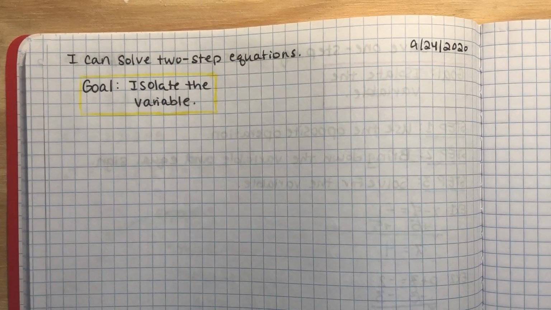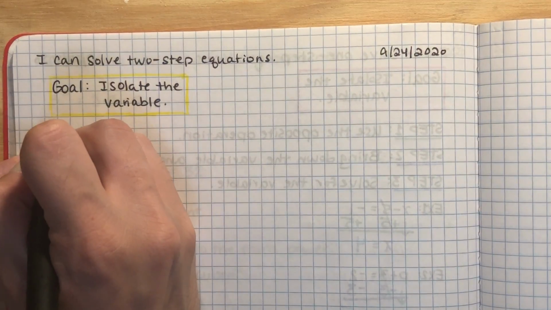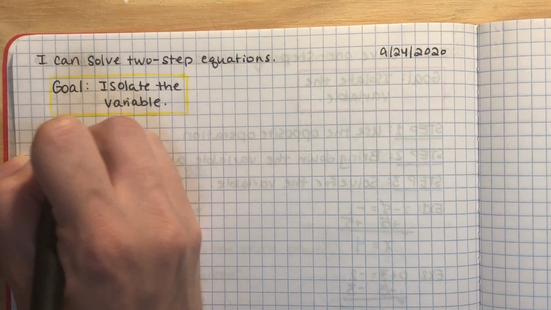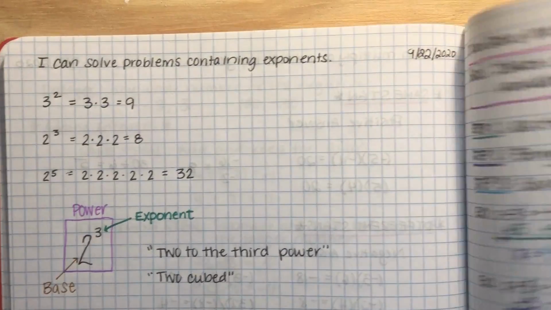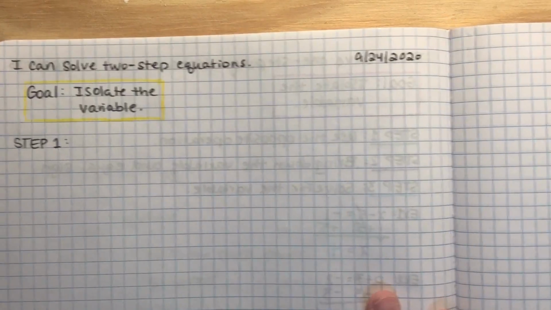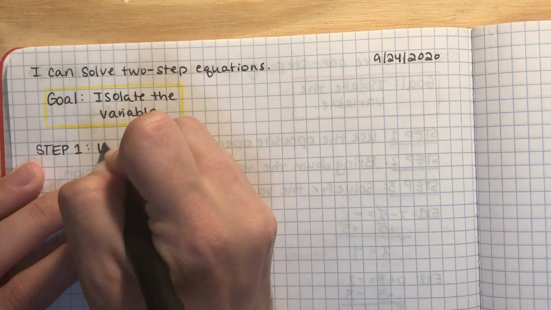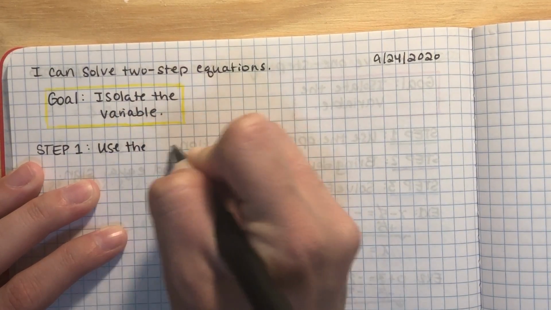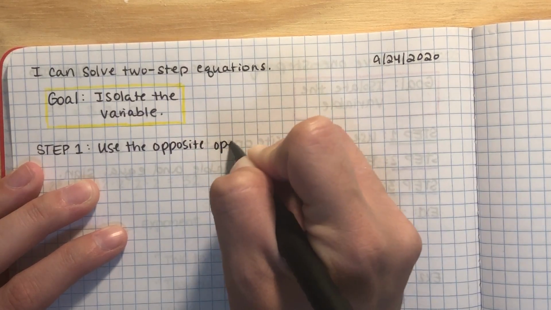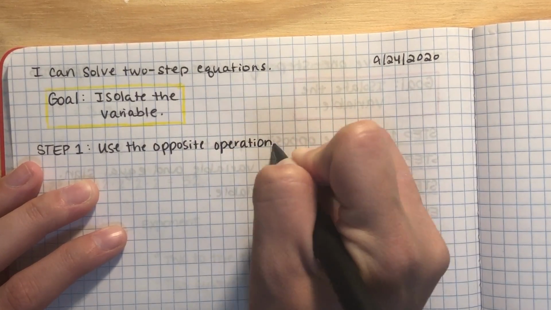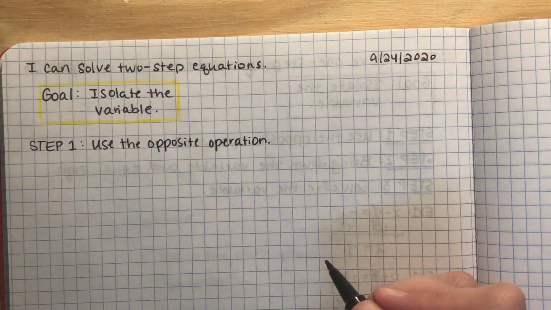Okay, so just like with our one-step equations, for step one, we're going to use the opposite operation. And with this, I'm going to add a little bit of a note here.